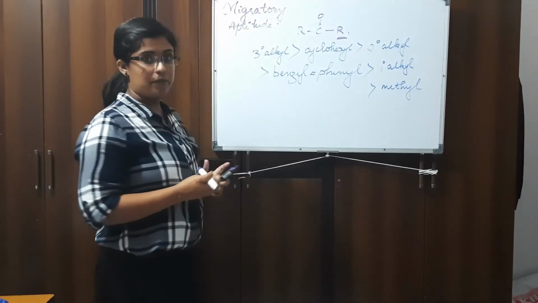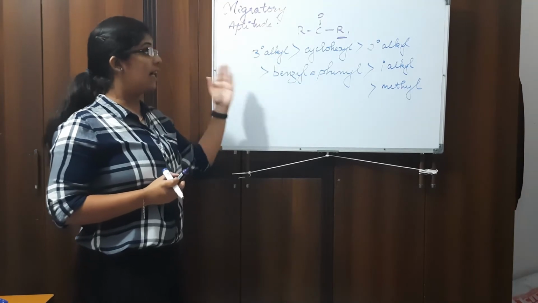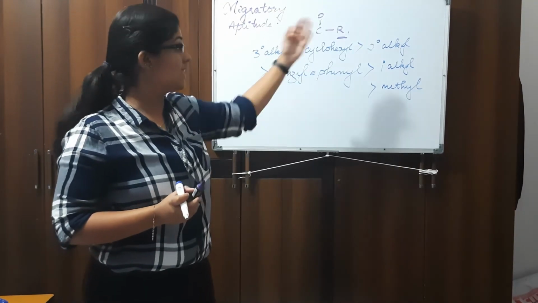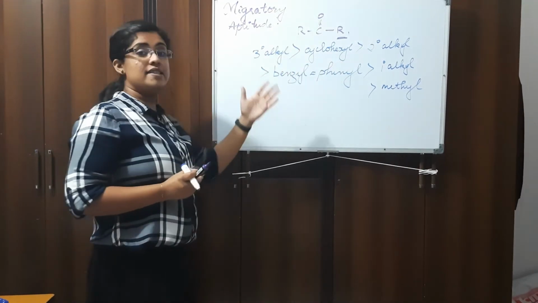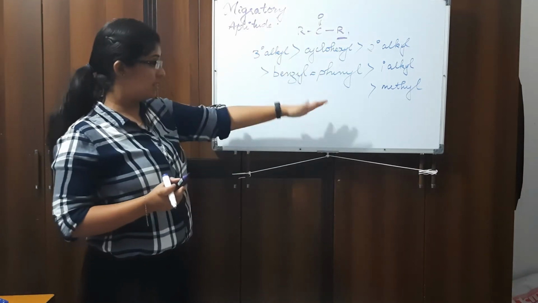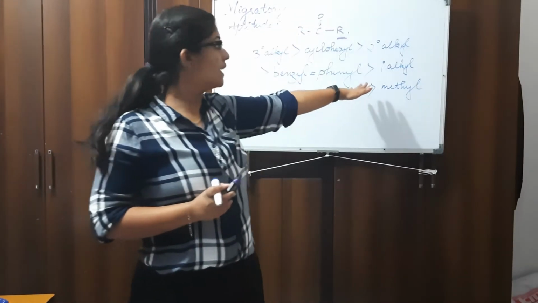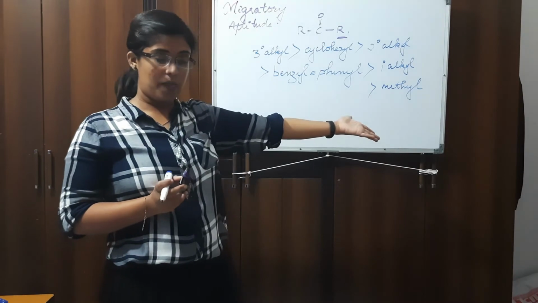So the migratory aptitude follows as tertiary alkyl followed by cyclohexyl, secondary alkyl, then comes benzyl or phenyl having the similar migratory aptitude, followed by primary alkyl, and finally the methyl.